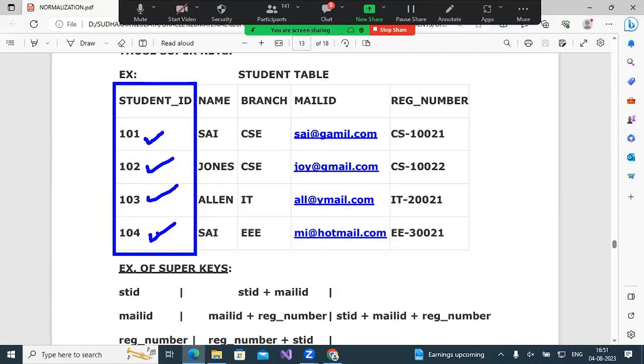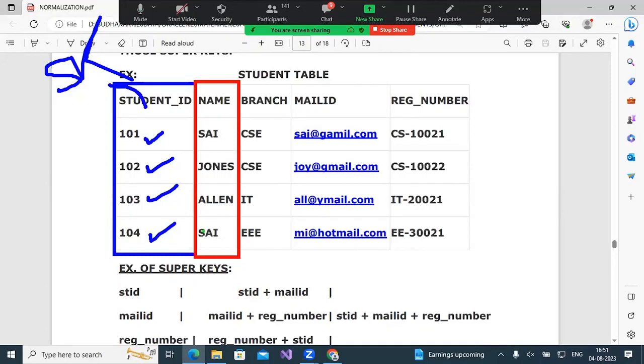No. So this column is called a super key. Understand? Next, name. Can I say name is a super key? No, because in my classroom there can be 2 students with the same name. So that is not a super key.